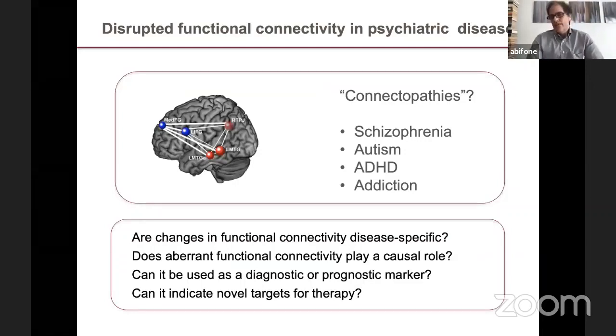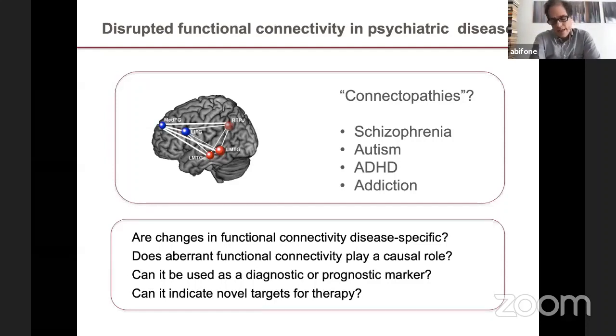Functional connectivity has been systematically scrutinized in brain disease for over 2 decades now. Robust changes or differences in functional connectivity have been observed in neuropsychiatric patients in a number of different conditions. This includes schizophrenia and autism that have been already mentioned in previous talks, but also attention deficit disorders and addiction.